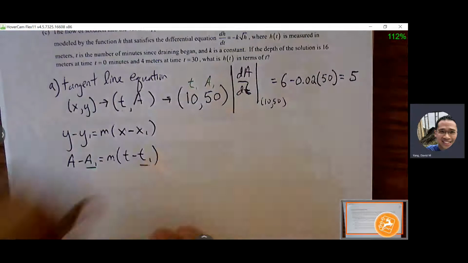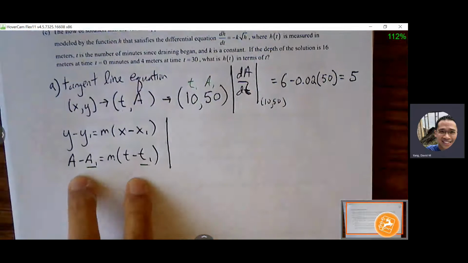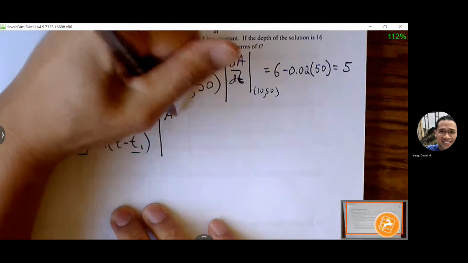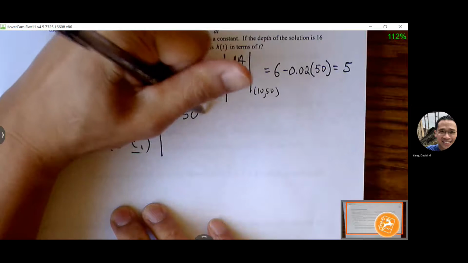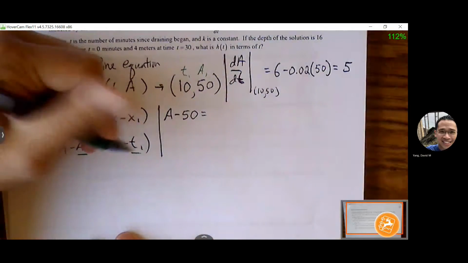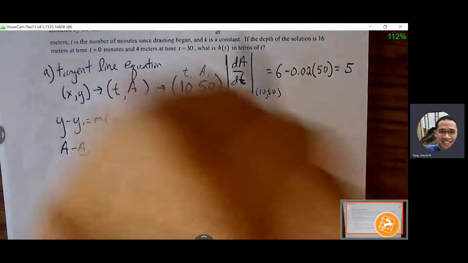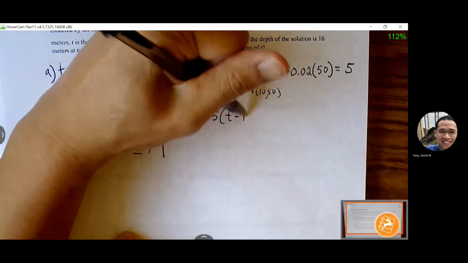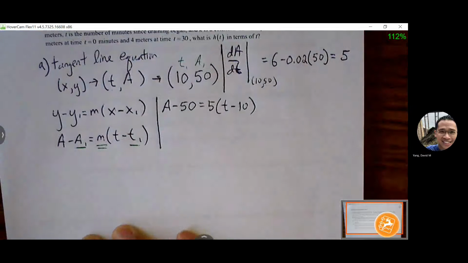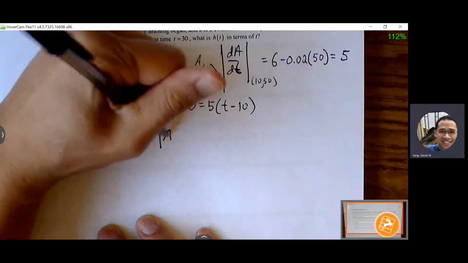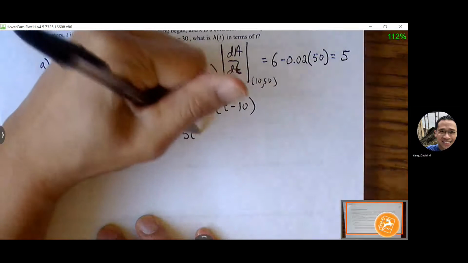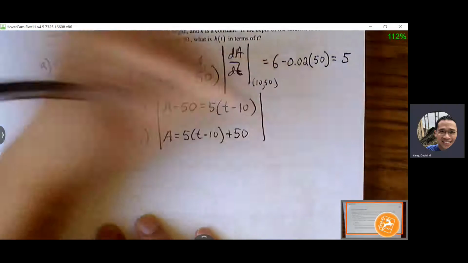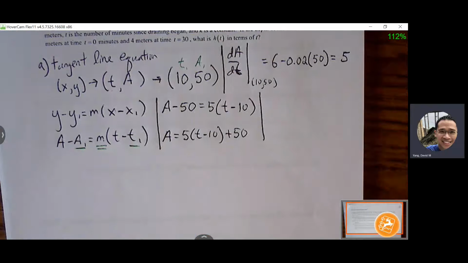So let's get it into this form with the adjusted variables. So that's our tangent line equation.